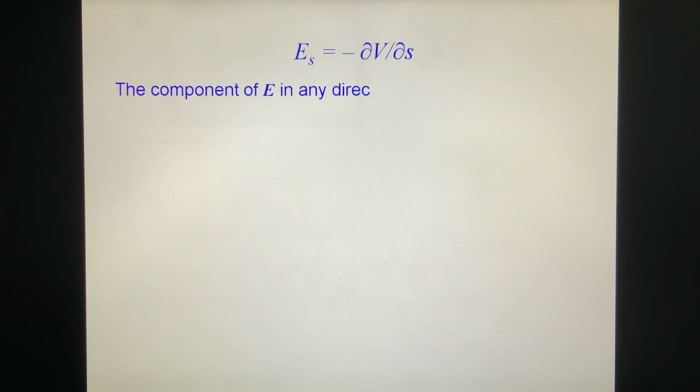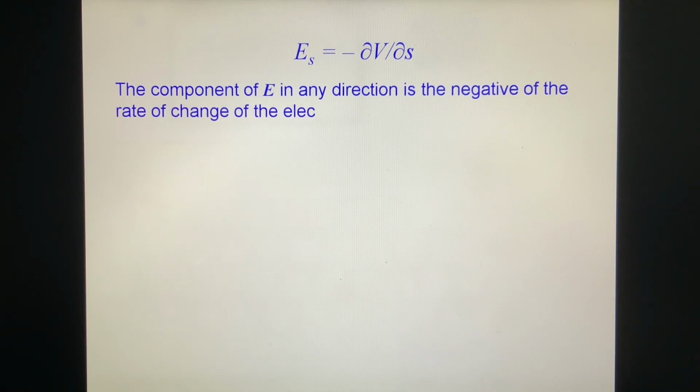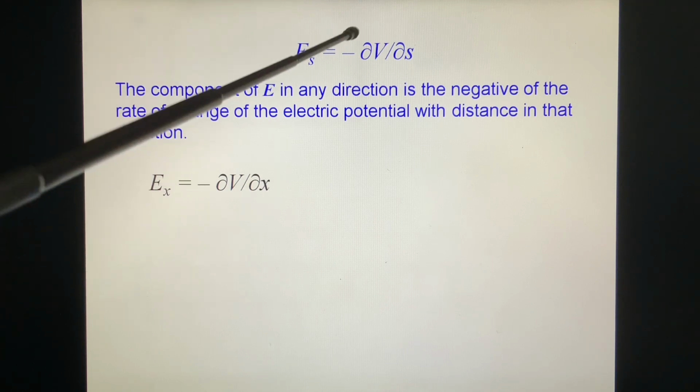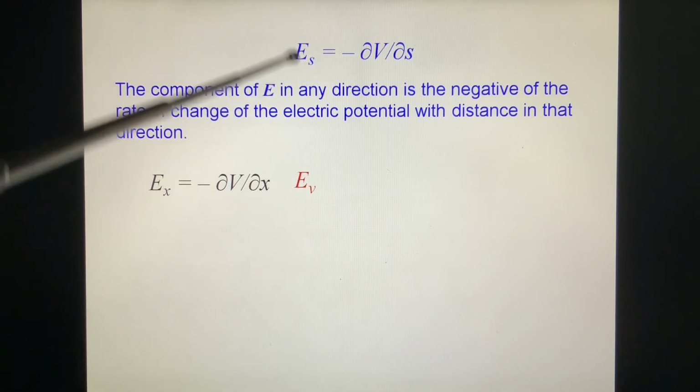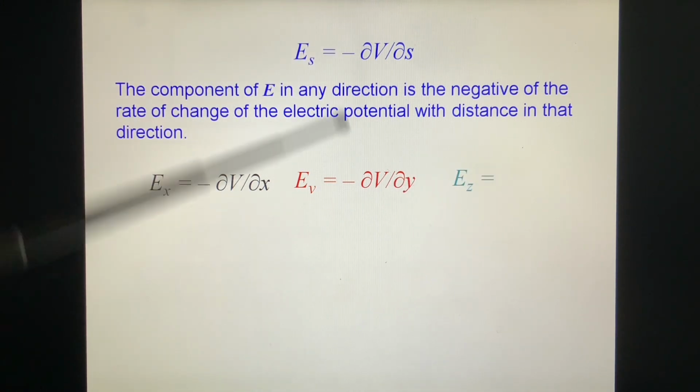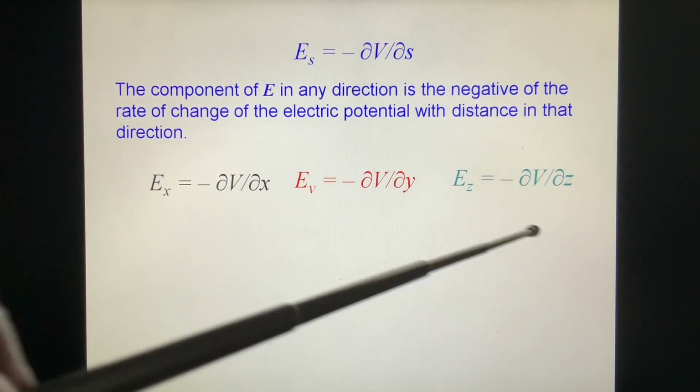The component of E in any direction is the negative of the rate of change of the electric potential with distance in that direction. So Ex equals minus partial V partial x, Ey equals minus partial V partial y, Ez equals minus partial V partial z.